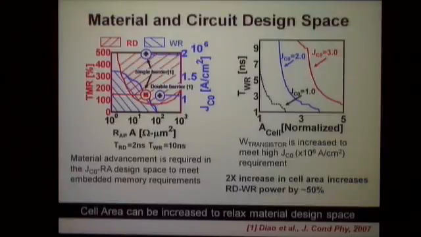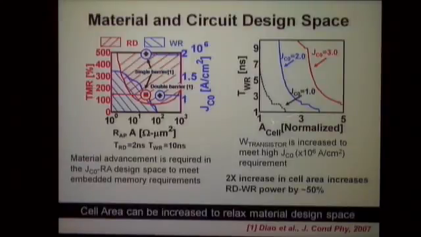And we see that there are typical cells, single barrier cells, double barrier cells, different kinds of cell configurations, which fall into this area, and which essentially tells us that some of the material design specs that we already have are pretty good for meeting embedded applications. And there is a lot of work going on in making them better. But it's already pretty good in terms of where, as a circuit designer, we would like these to be.